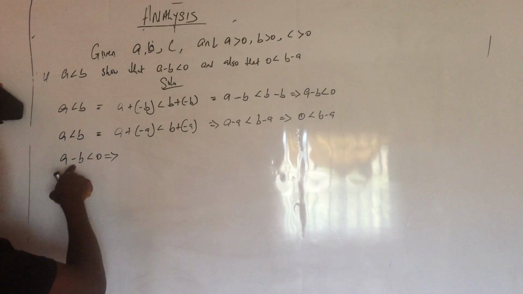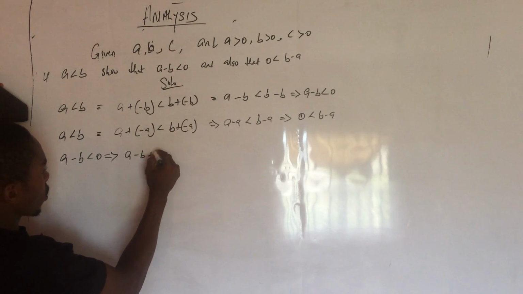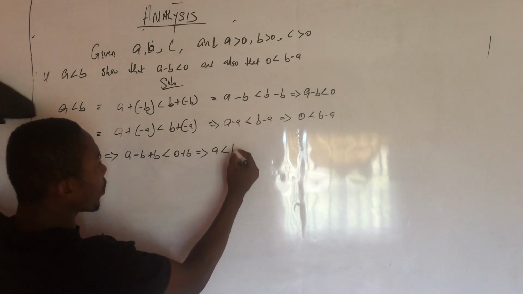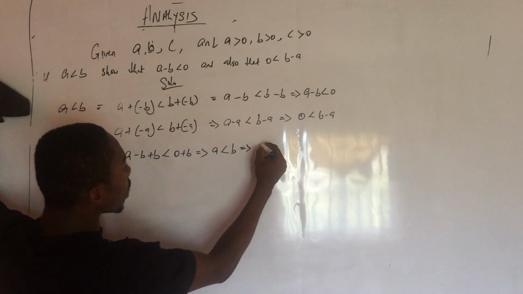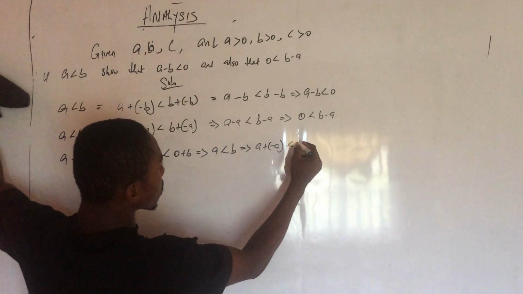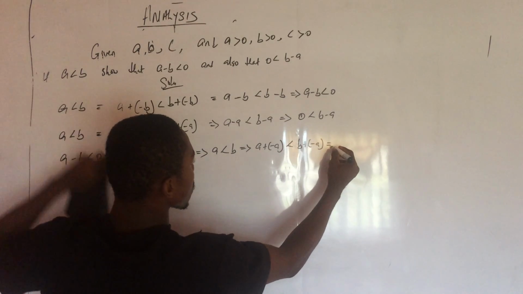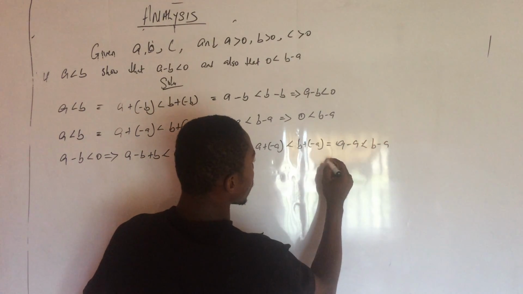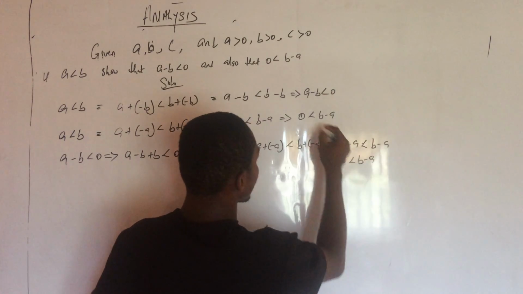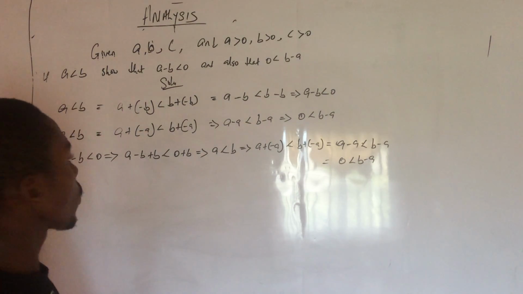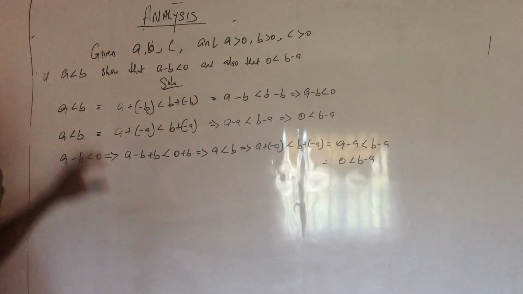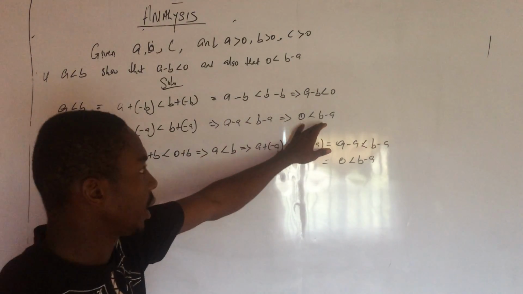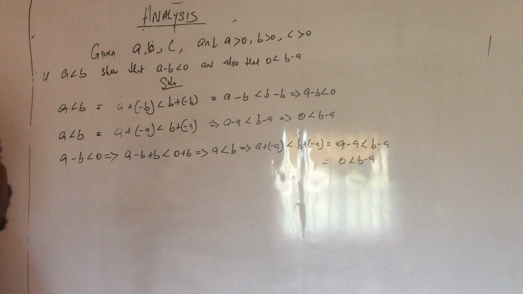When we say A minus B plus B is less than 0 plus B, it implies that A is less than B. Now we still do this: A plus negative A is less than B plus negative A. This gives us A minus A is less than B minus A, which gives us 0 is less than B minus A. So whichever way, you have seen that when given any two numbers, where the first one is less than the second, this happens, and also this happens.